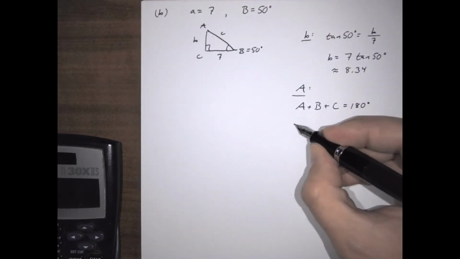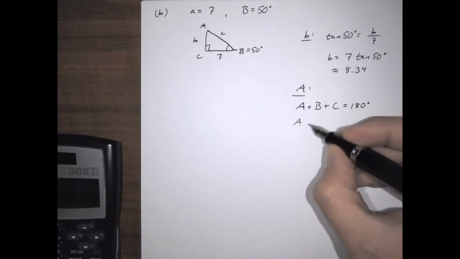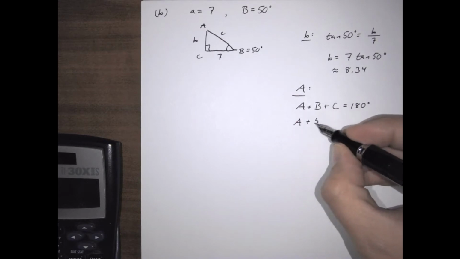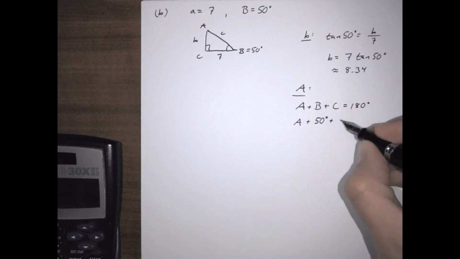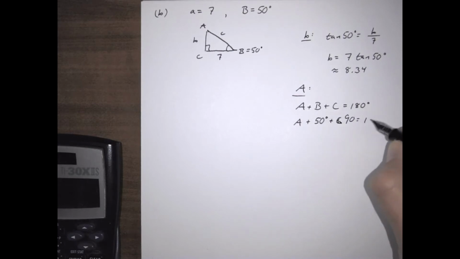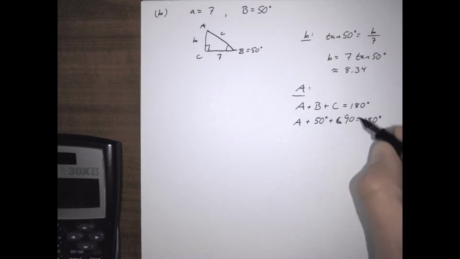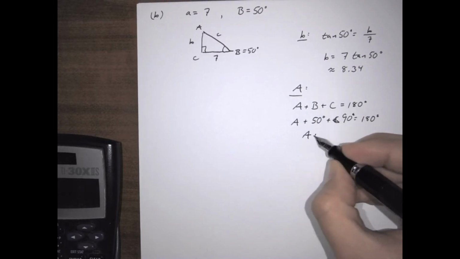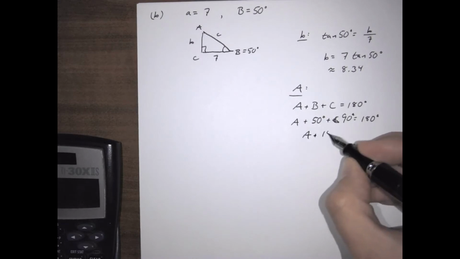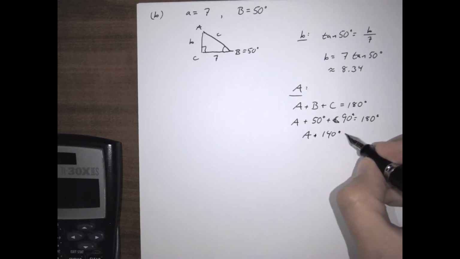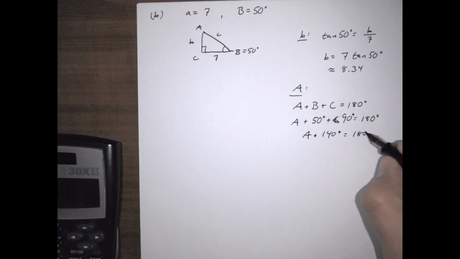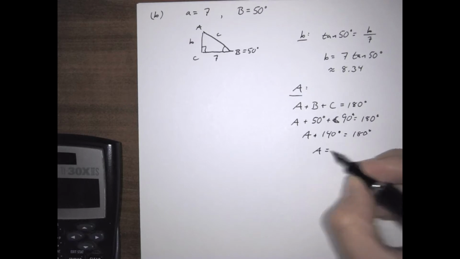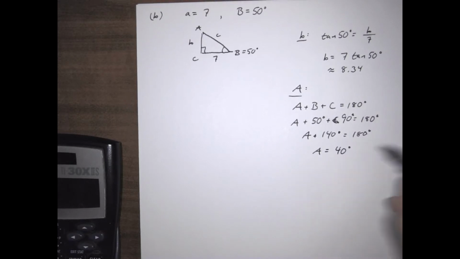And here, mystery A plus known B plus known C, oops, that's 90 degrees, equals 180. And so that's going to be 140, which means that A must be 40 degrees. Okay, that's nice. Now, what else am I missing?